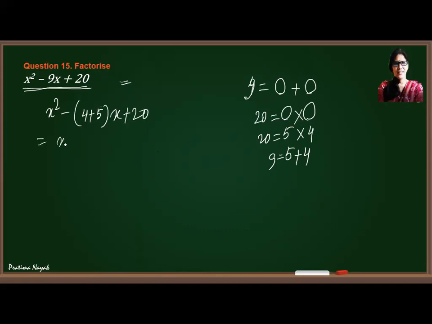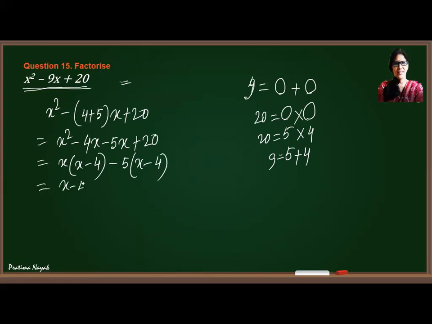Now x square minus 4x minus 5x. I hope now you don't need my help. You can do it yourself. You can practice as many questions as possible. So this will be (x minus 4) into (x minus 5).